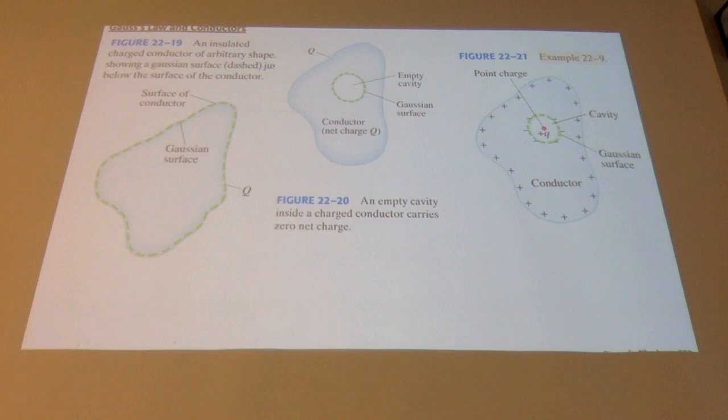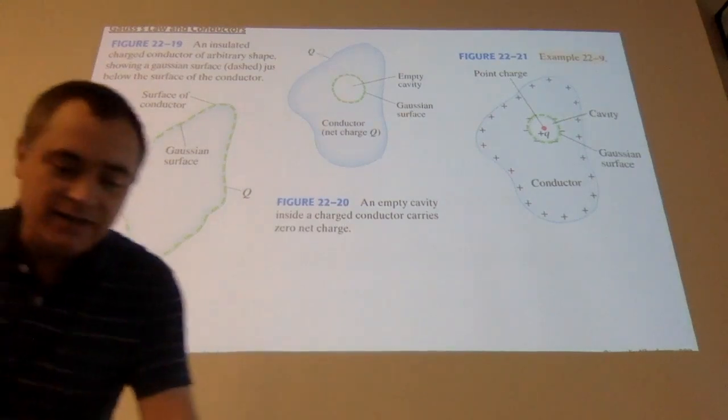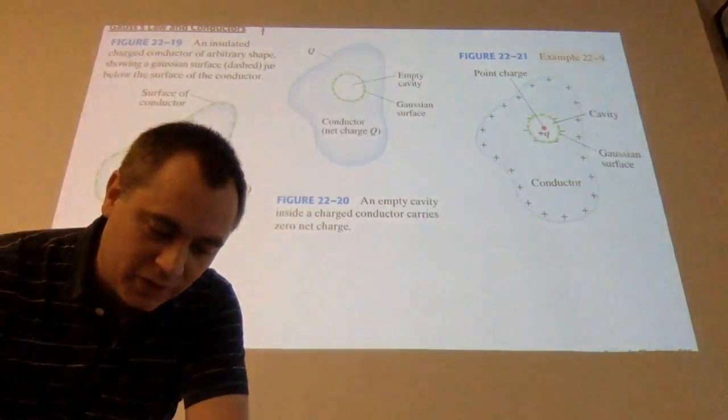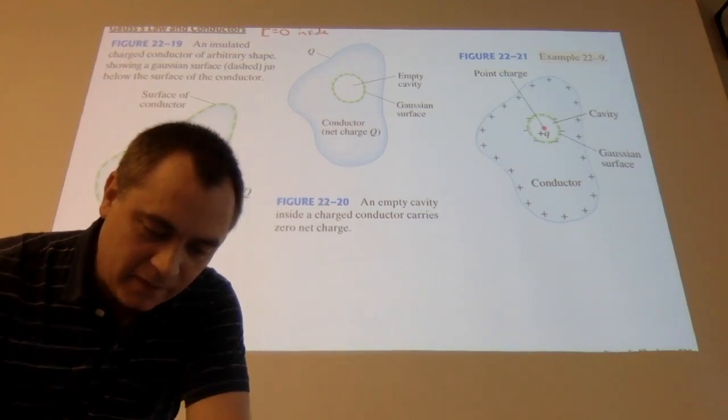We basically said a few different things. First of all, the charges are sort of free to move around. So if I have a conductor, the electric field is perpendicular to a conductor, but also it can't be inside a conductor, okay? We can use Gauss's law to show that at least that last one is true. Electric field is 0 inside a conductor.